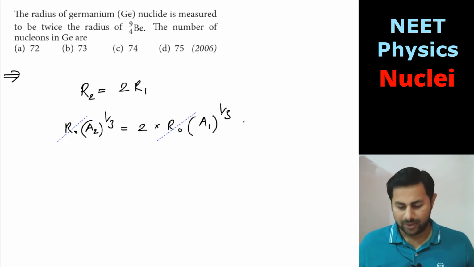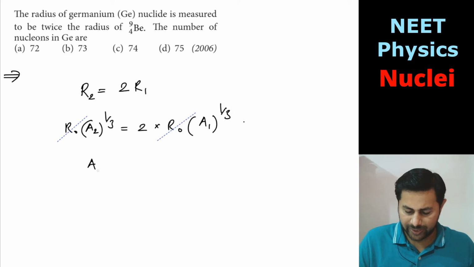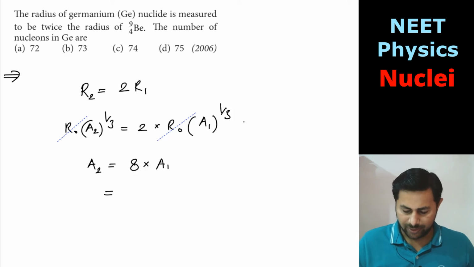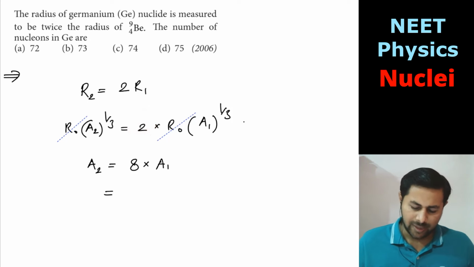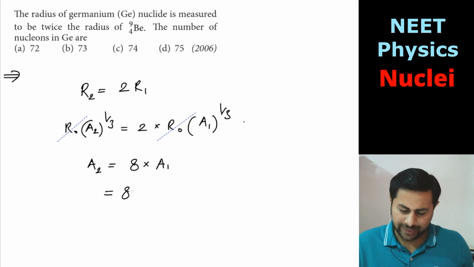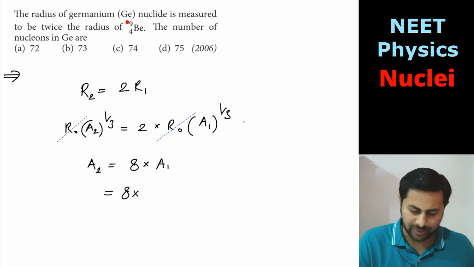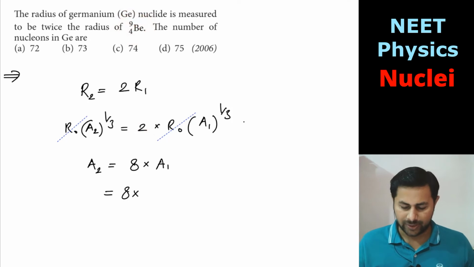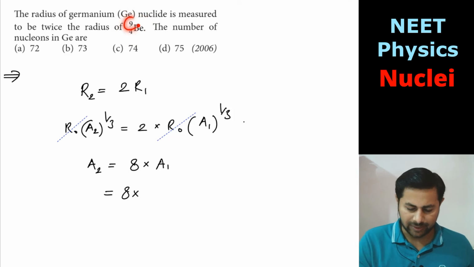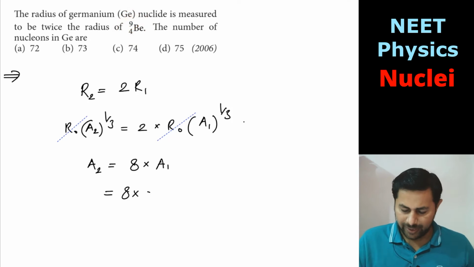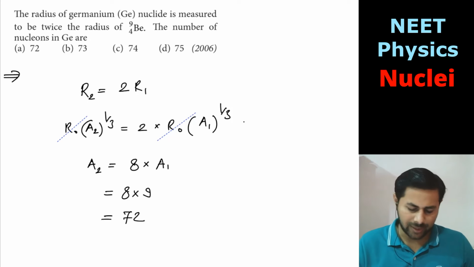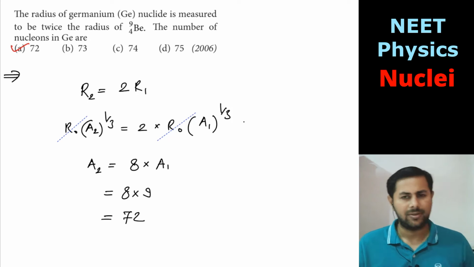Then just take the cube of both sides. A2 is equal to 8 times A1. Very simple, right? 2 cubed is 8. A1 is the number of nucleons in beryllium, so that is 9. So 8 times 9 is 72. So the answer is 72, option A.